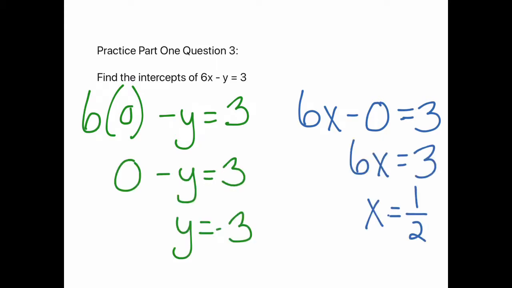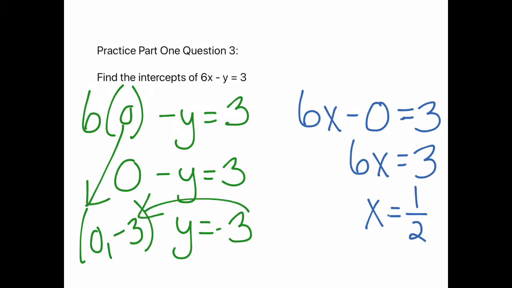You solve with algebra, as I have done here, and what you get is that y equals negative 3 and x equals positive 1/2. So the intercept for the y value would be 0, negative 3, because remember x was 0 and y is negative 3. And for the x-intercept, you'd have 1/2, 0.